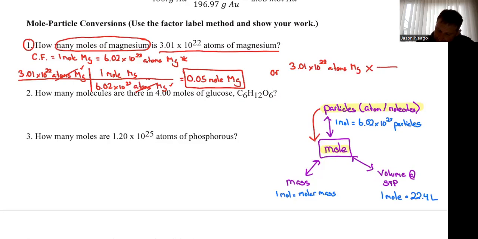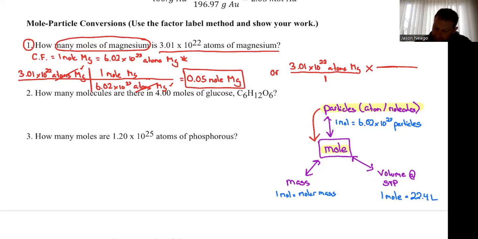Now, when I do it this way, I think of this as a fraction over 1. Why? Because 3.01 times 10 to the 22nd atoms of magnesium over 1 would just be 3.01 times 10 to the 22nd atoms of magnesium. So sometimes it's easier to think about it over 1 to help align your conversions.